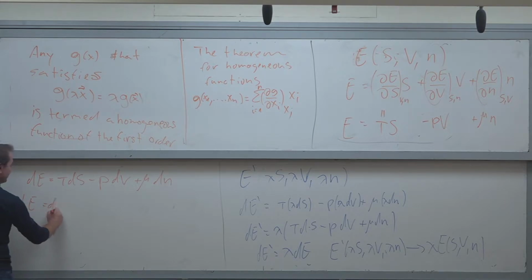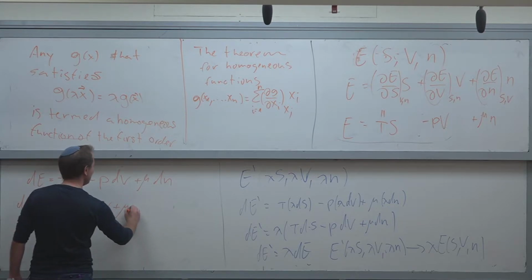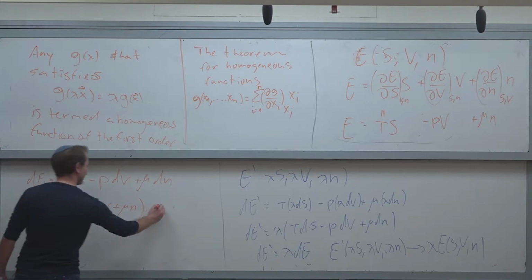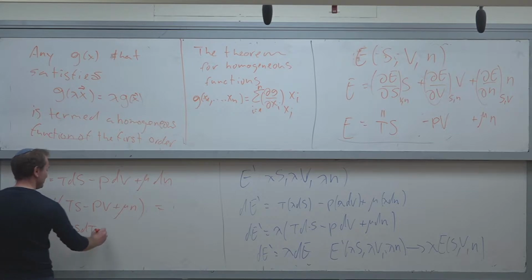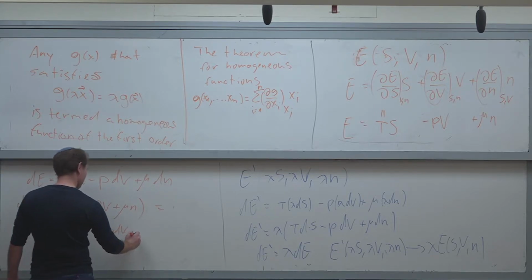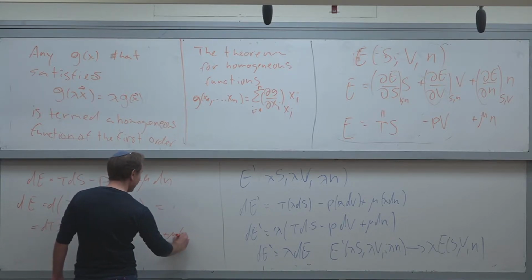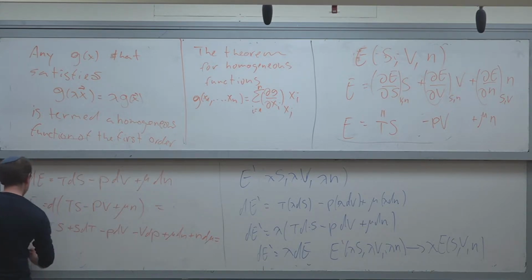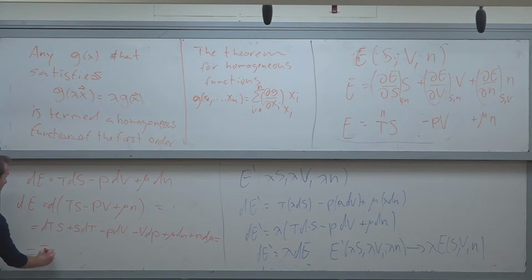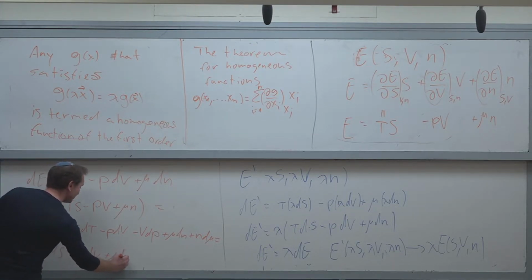It is the differential of TS minus PV plus mu N. So we have dT multiplied by S plus S multiplied by dT minus P dV minus V dP plus mu dN plus N d mu, and all of this must equal T dS minus P dV plus mu dN.